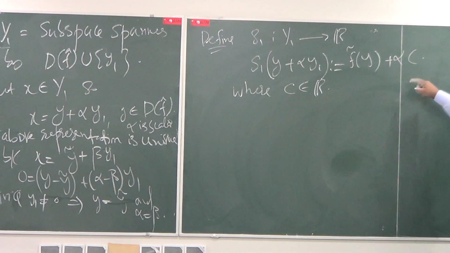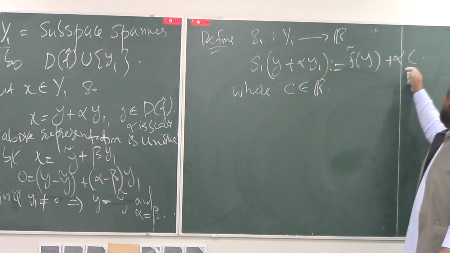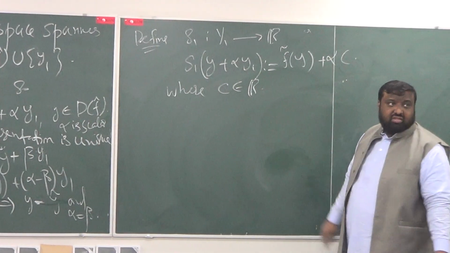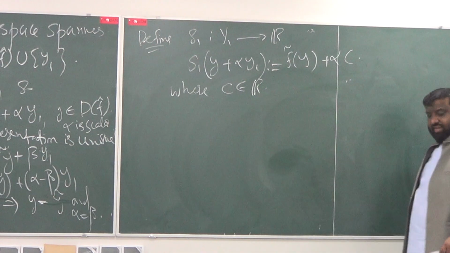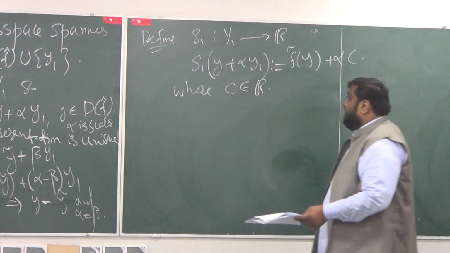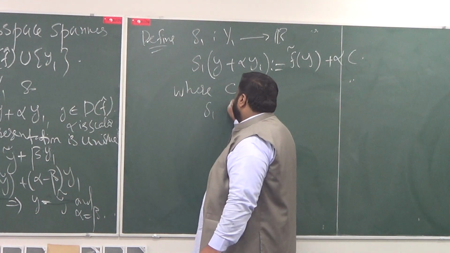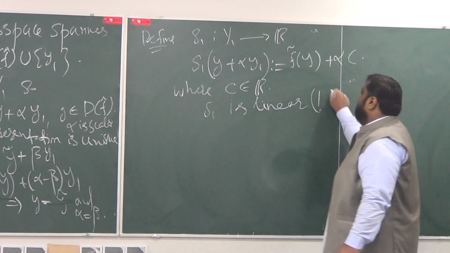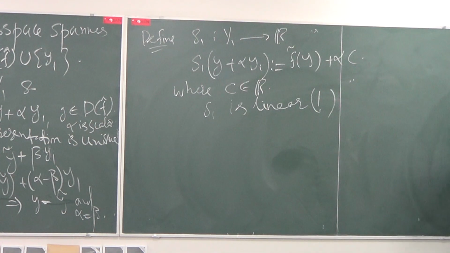So c is real, and it's not depending on this expression. It's a fixed number, so I can put a 1/2 here, something like that. So verify that g1 is linear.